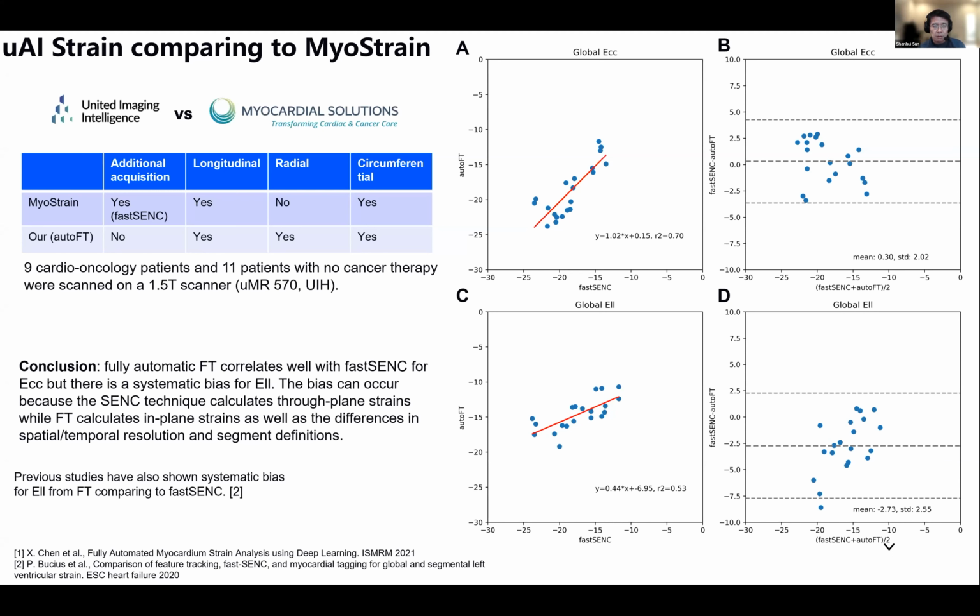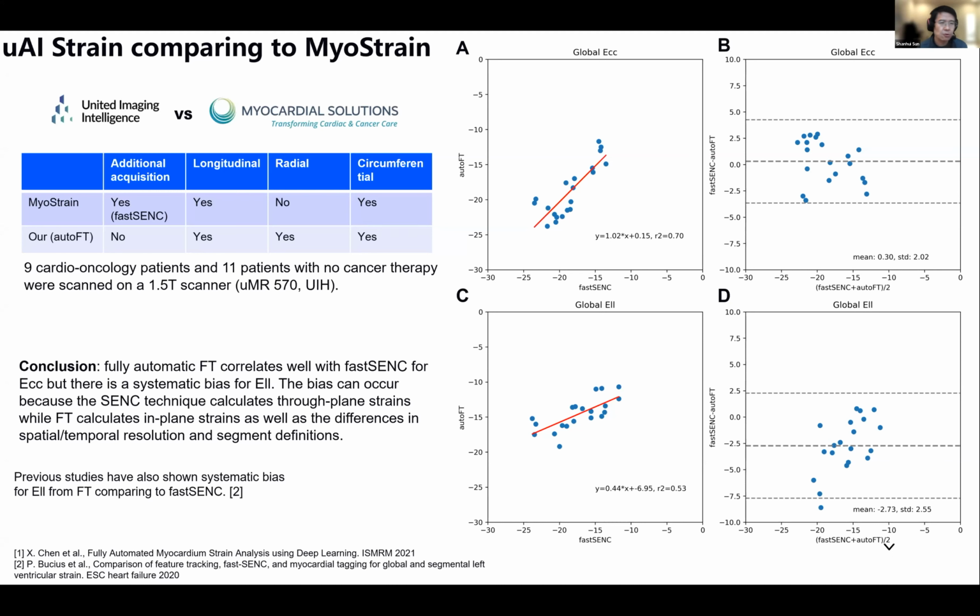And MyoStrain just provides two strain analyses, one longitudinal and one circumferential. A company called Myocardial Solutions provides the MyoStrain solution, which can derive the strain numbers from this FastSync-based acquisition.